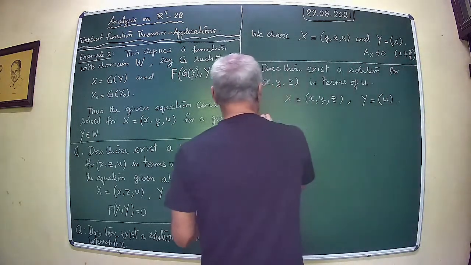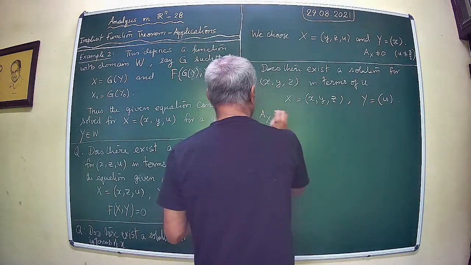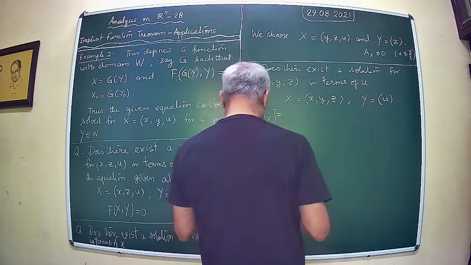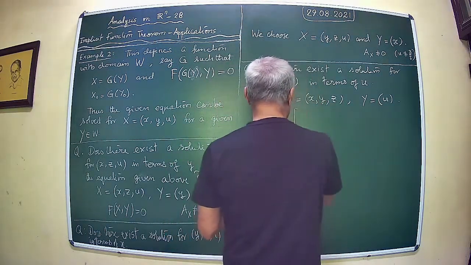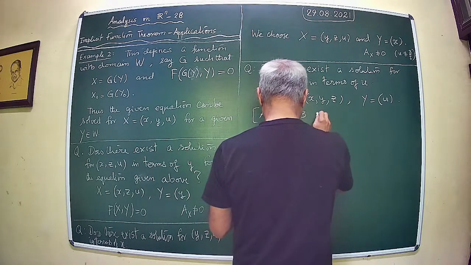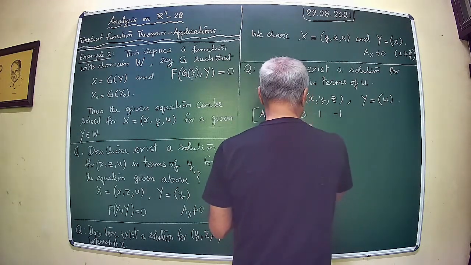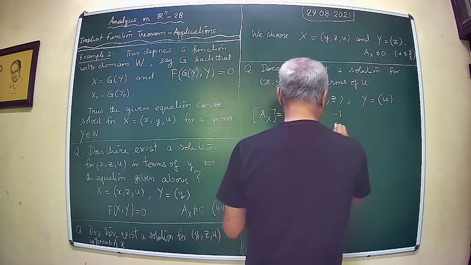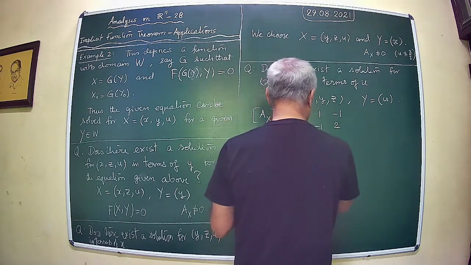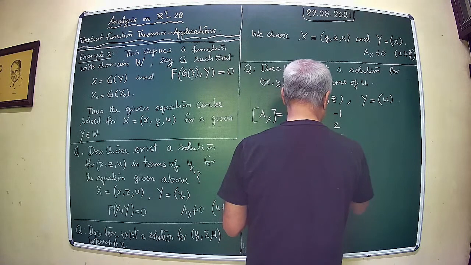Now Ax in this case is the matrix 3, 1, minus 1, 1, minus 1, 2, and 2, 2, minus 2.